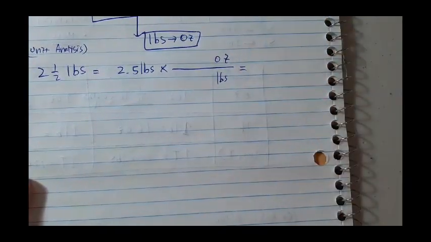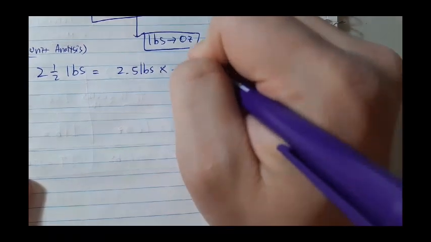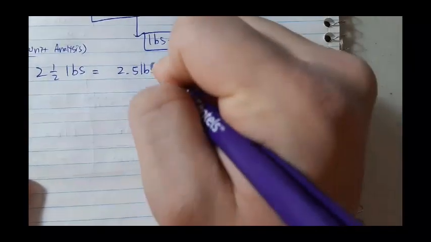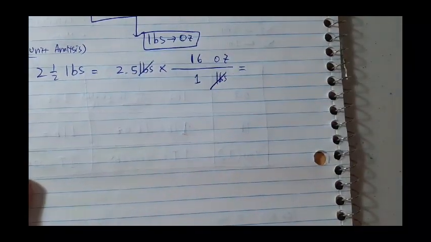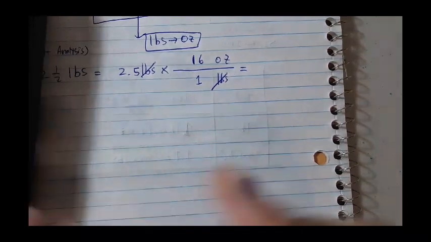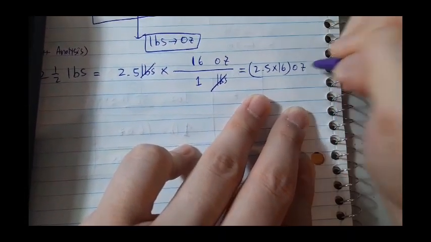And we are basically using our previous page reference table. 1 pound is equivalent to 16 ounces. So pounds will be cancelled out in the process of cross multiplication, and what I need to do is basically 2.5 times 16, and the unit is ounces.